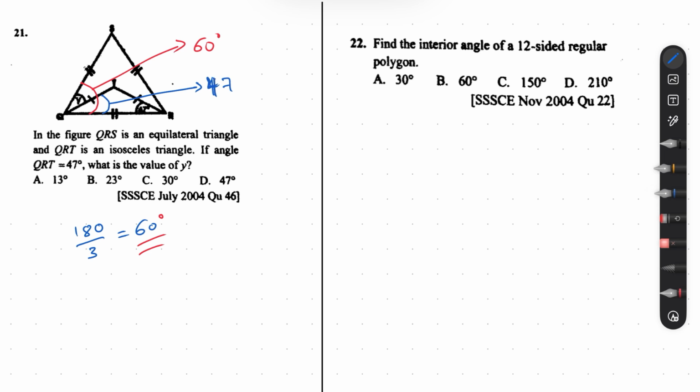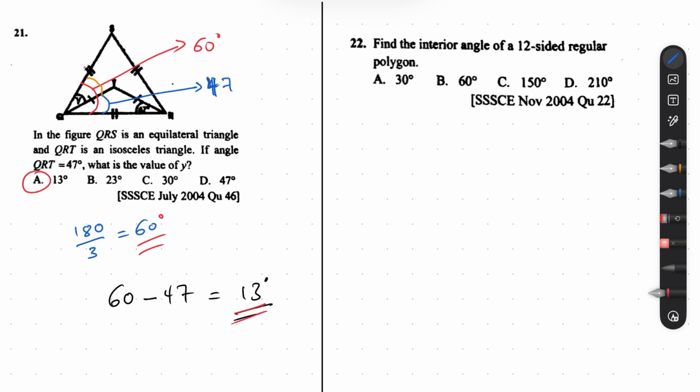Now the remaining angle, which is y here: this angle and this one add up to the whole thing, which is 60. But we only know this side. So the way to find y is to subtract this side from the whole thing. So that will be 60 minus 47, which gives us 13. And that is our answer, which is A. 13 degrees is our answer.